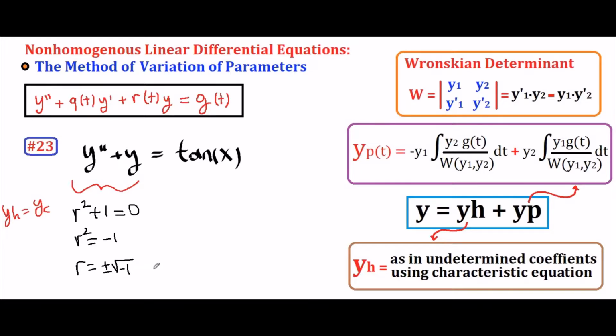And the square root of negative 1 is i. Now this complex number is 0 plus or minus i. So here our alpha is 0, and our beta is 1. So this is our beta.